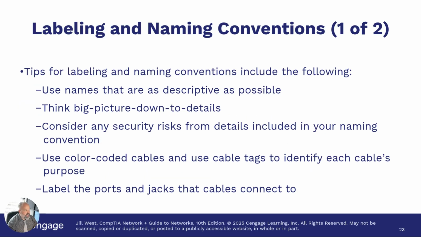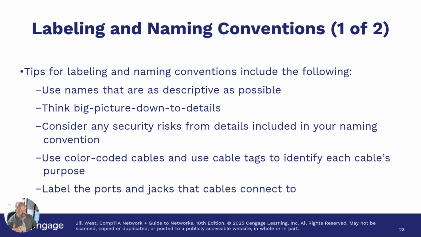Next slide, we're getting into labeling and naming conventions. When you look at naming switches and cables and things like that, think about if you look at a switch and it's just named switch 1. That tells me absolutely nothing.